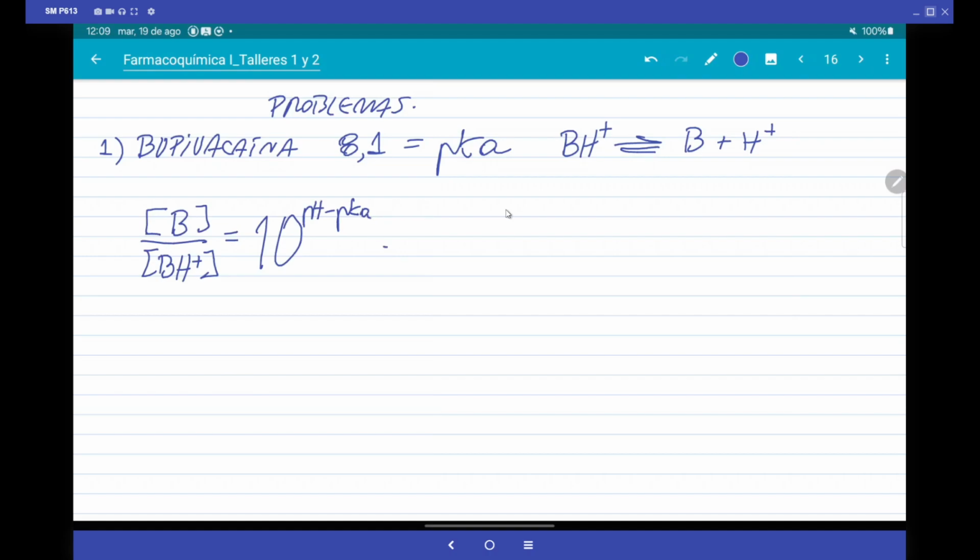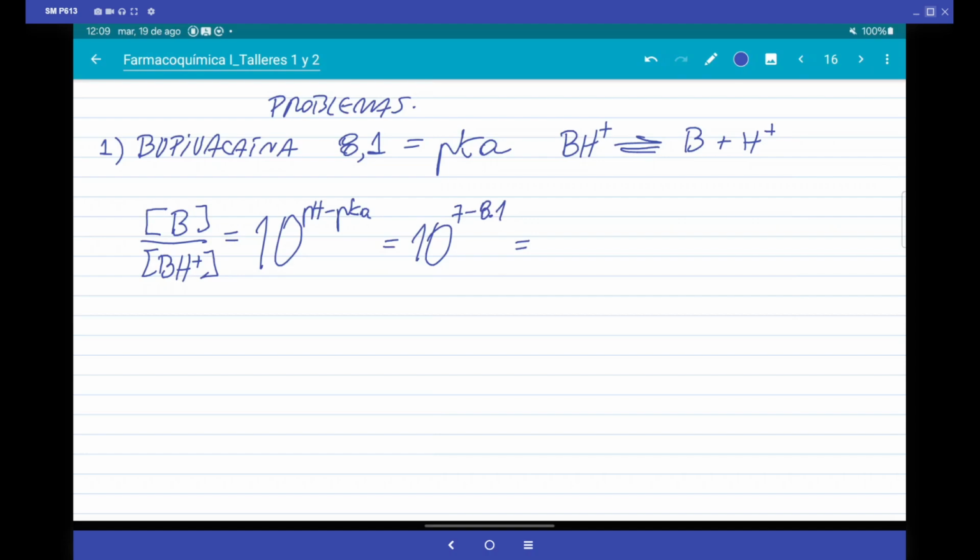Then I have here 10 raised to the pH 7.4, in this case the pH of the tissue where they inject the anesthetic, minus the pKa 8.1. And there we apply the calculator quickly to see what exact value.